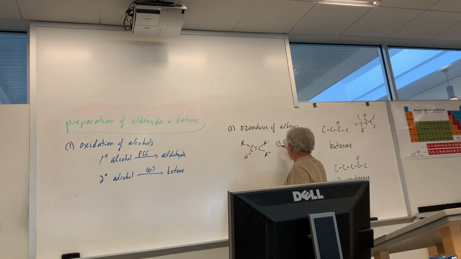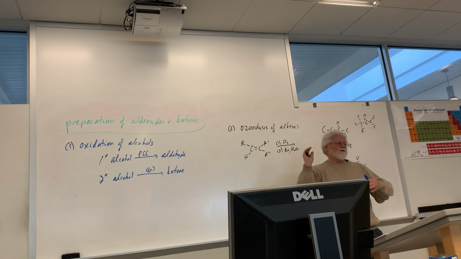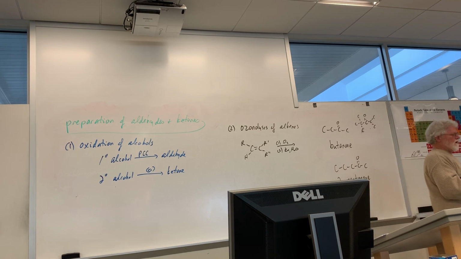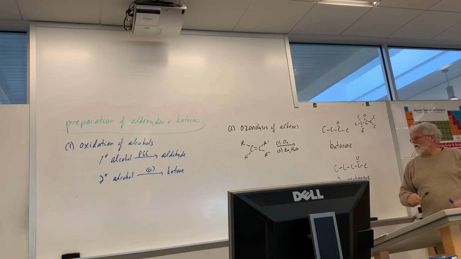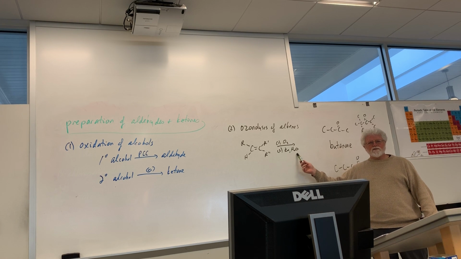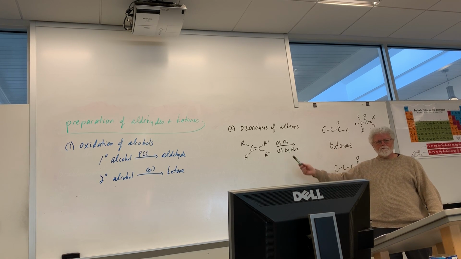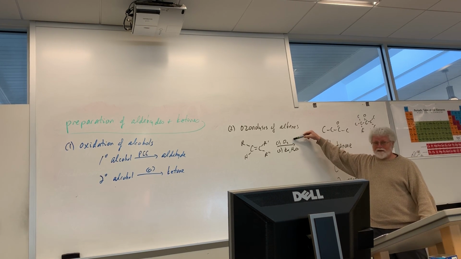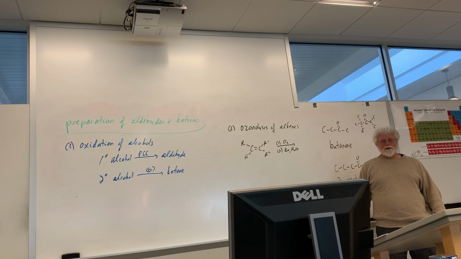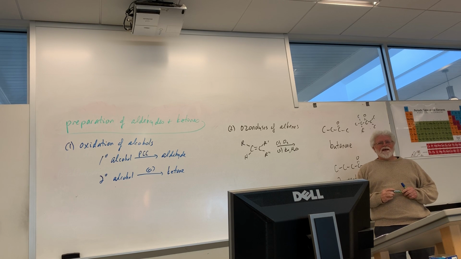Two-step process: ozone, followed by another reagent. It forms what's called an ozonide, and you have to disrupt the ozonide. Don't worry about step 2 here, because all sorts of different reagents can be used. But ozone is always a part of all ozonolysis reactions.